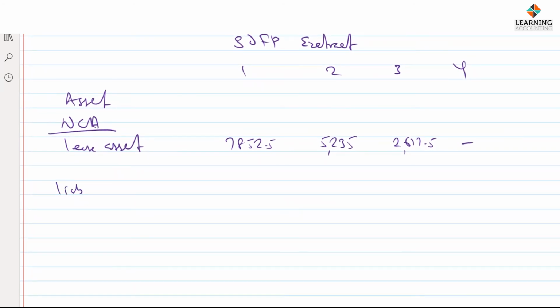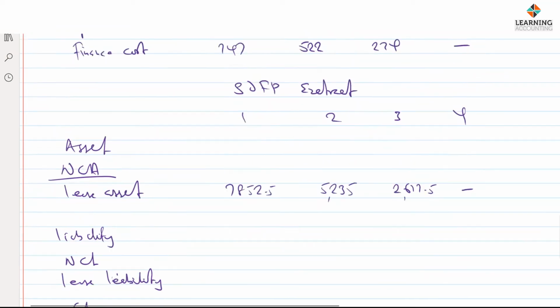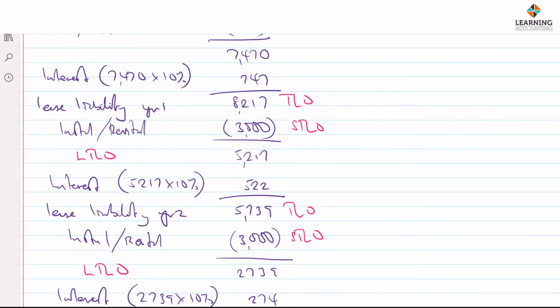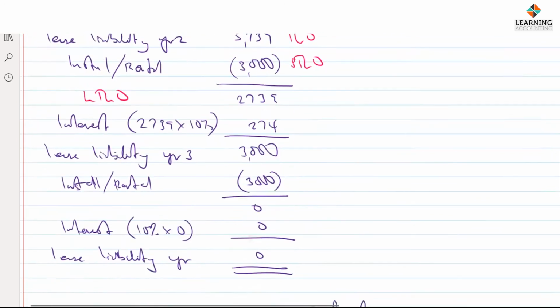For the liability, we have non-current liability, lease liability, and we have current liability as well, lease liability. Okay, so like I mentioned earlier, we have 5217 and 3000.